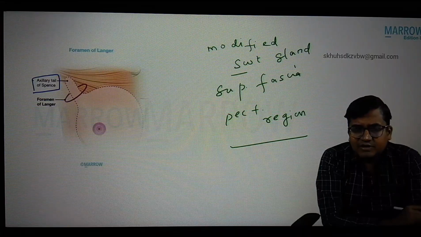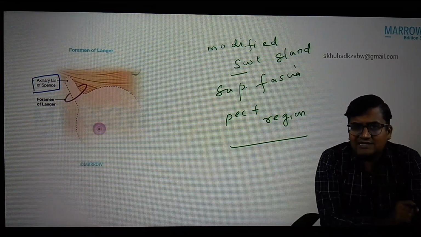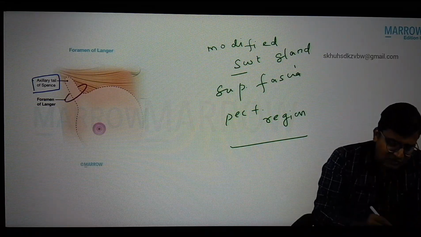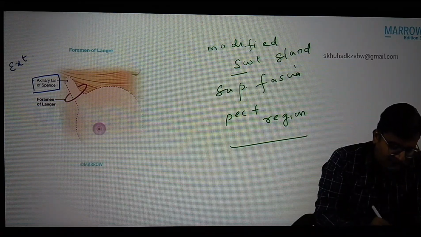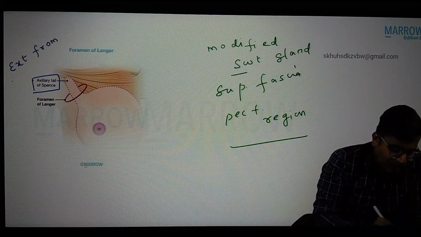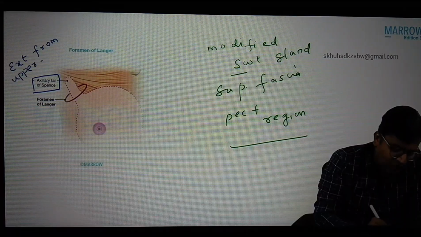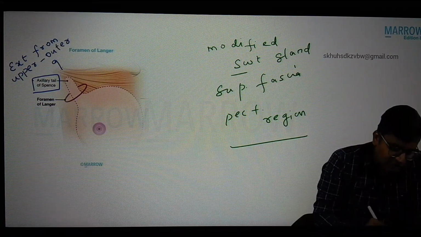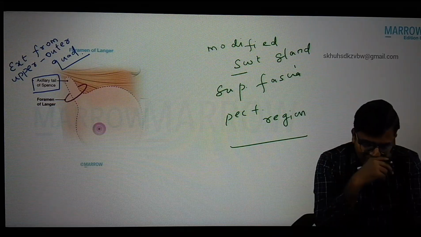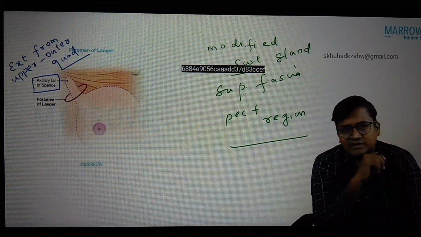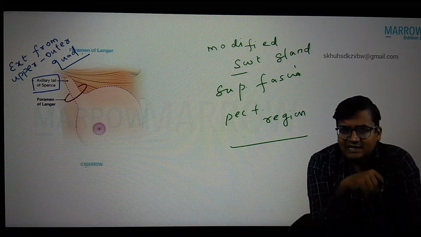Now what is the axillary tail of Spence and why do we have to know about it? The axillary tail of Spence is the extension of the breast from the upper and outer quadrant. Why is it called the axillary tail?